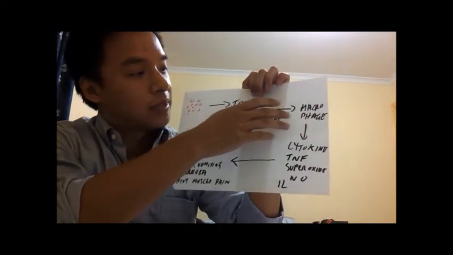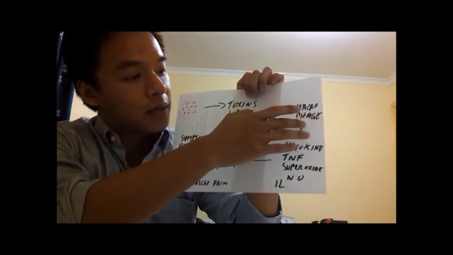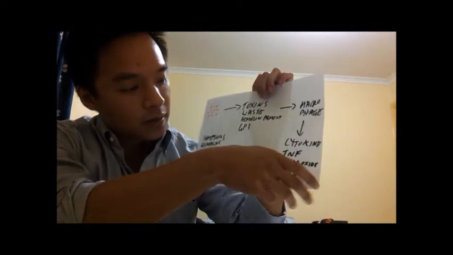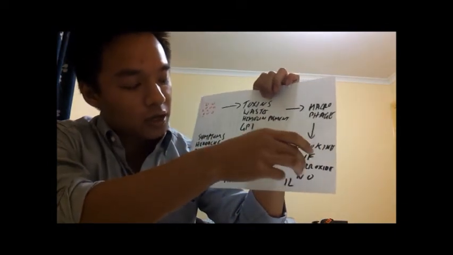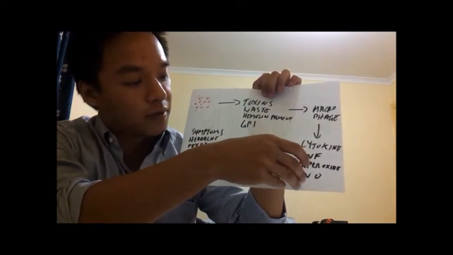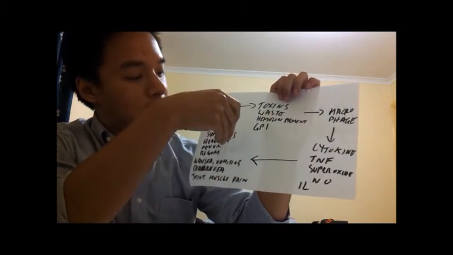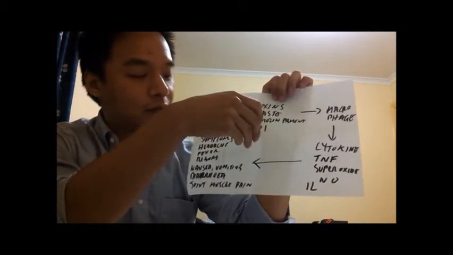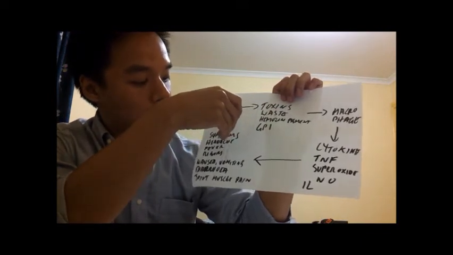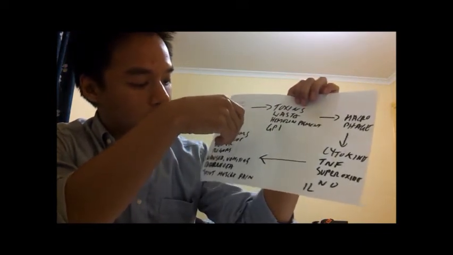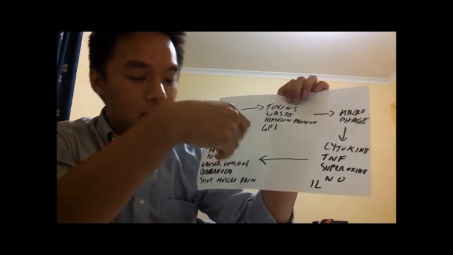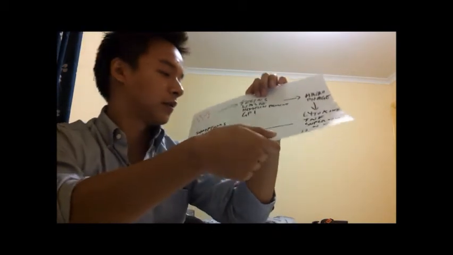This causes macrophages to be stimulated, which makes the release of cytokines, TNF, superoxide, nitric oxide, and different interleukins. This produces the many different symptoms of malaria, such as headaches, fever, rigors, nausea, vomiting, diarrhea, and joint and muscle pain.